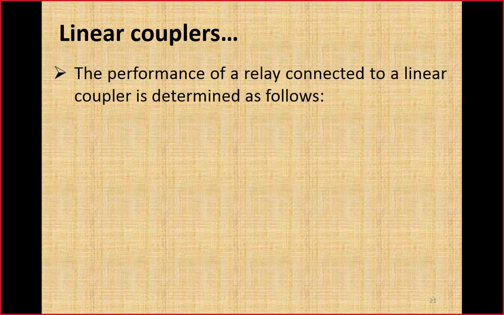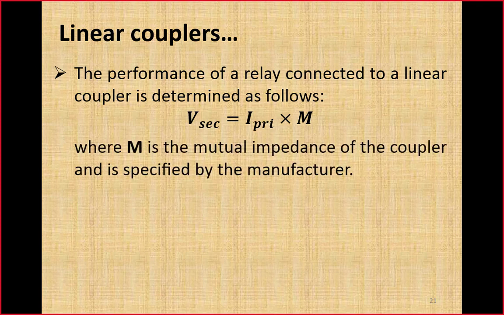The performance of a relay connected to a linear coupler is determined as follows. So this is the secondary voltage. Secondary voltage is I primary multiplied by the mutual impedance of primary and secondary. So this mutual impedance multiplied by primary current will give us the voltage available on the secondary side of a linear coupler, where M is the mutual impedance of the coupler and is specified by the manufacturer.